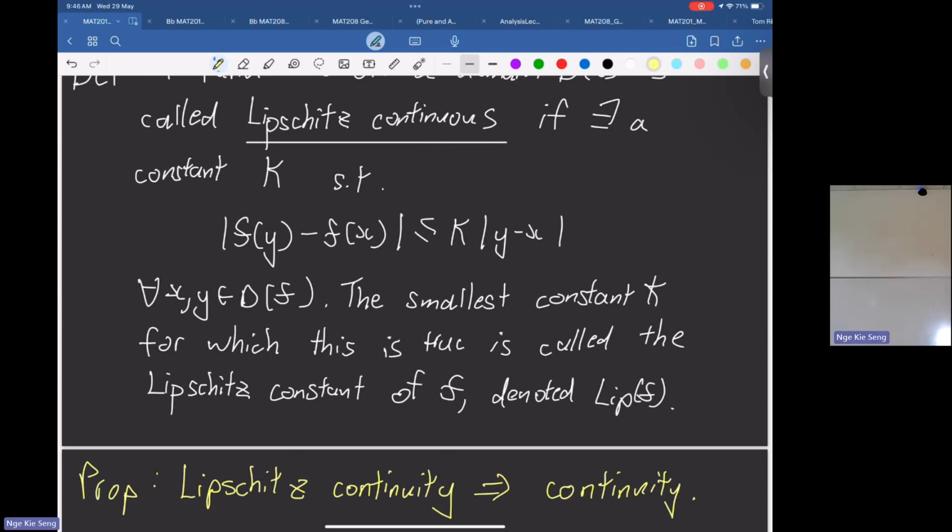The difference of them is less than delta. Do we have that or not? Does delta equals epsilon over k work for all x and y in the domain or not?